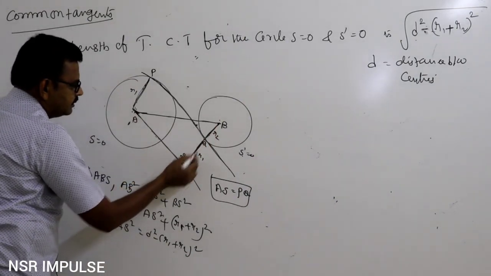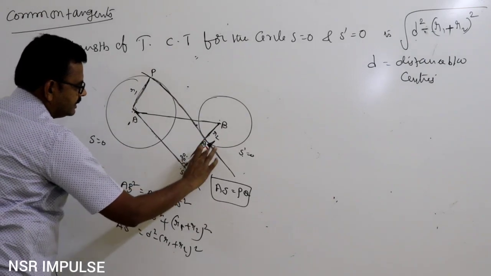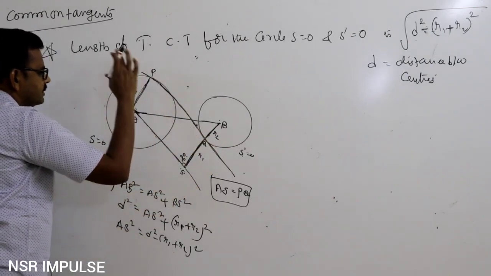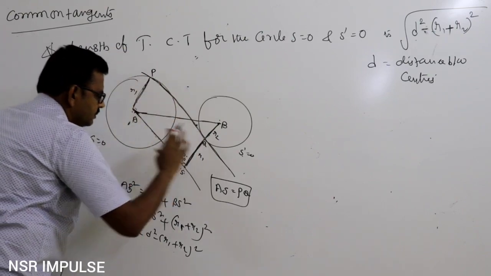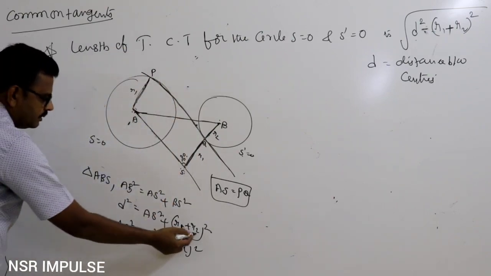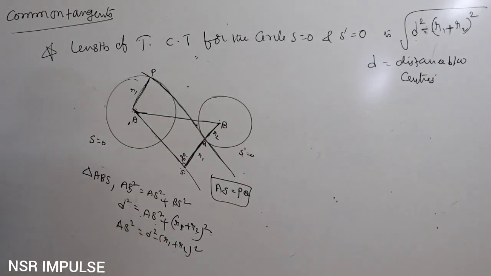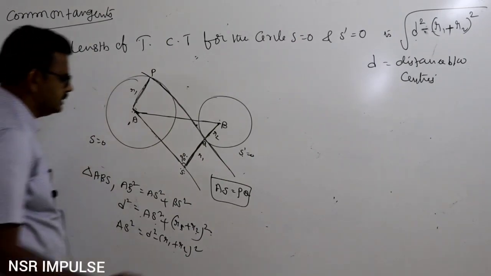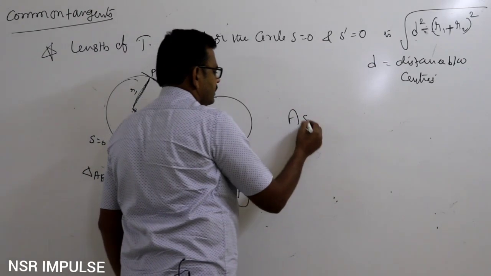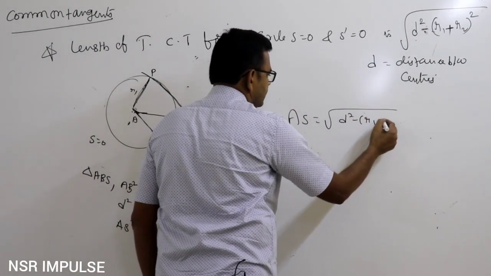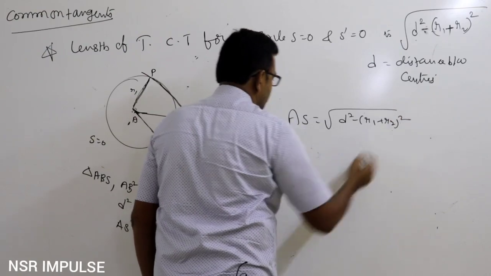This is R2 and this is R1, because this is parallel to this. So this is R1, this is also R1. So (R1 plus R2) whole square. Therefore AS square equals d square minus (R1 plus R2) whole square. Therefore AS equals root of d square minus (R1 plus R2) whole square.